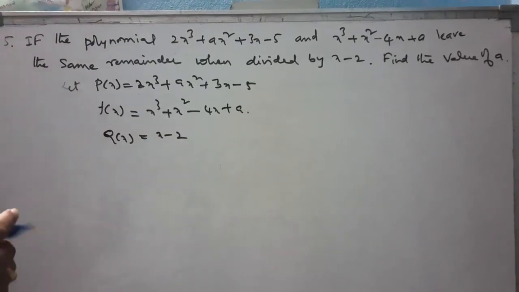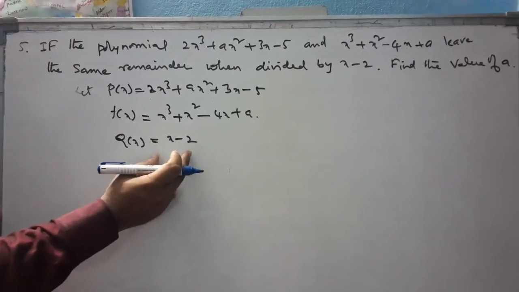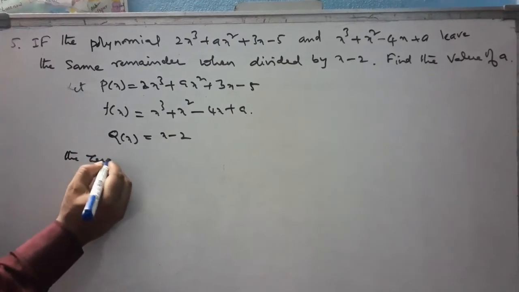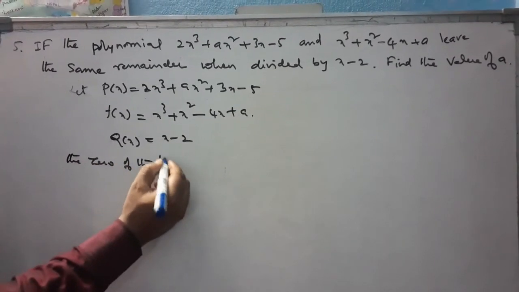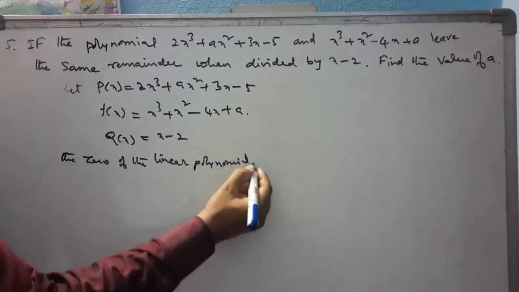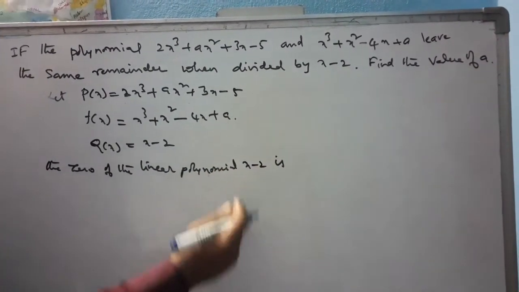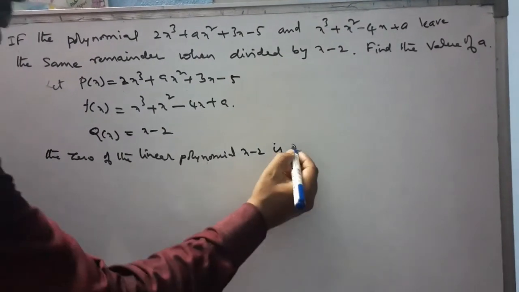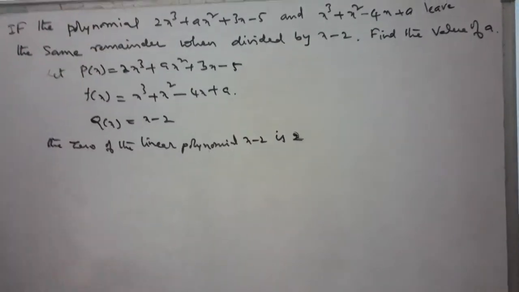It is a linear polynomial. Now we have to find the 0 of the linear polynomial. So the 0 of the linear polynomial x minus 2 is x minus 2 equal to 0. So we will get x is equal to 2. 2 is the 0 of the polynomial.